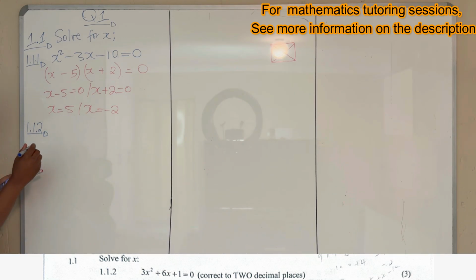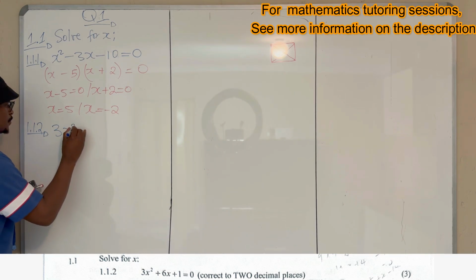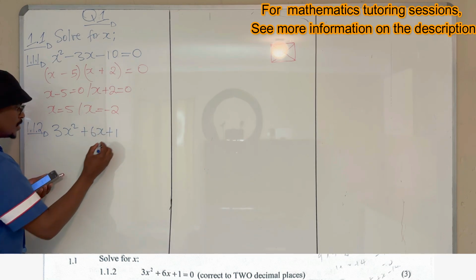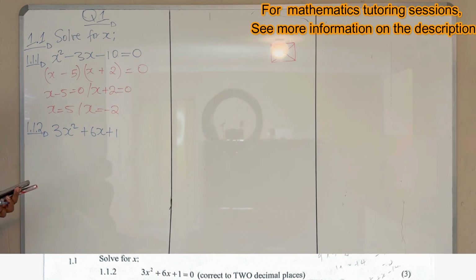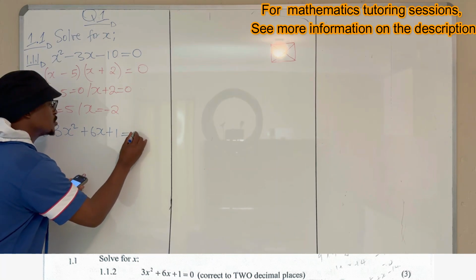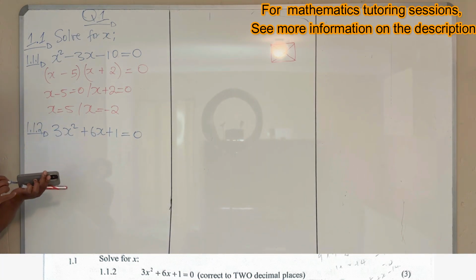And what you have is 3x squared plus 6x plus 1, and there's also a hint or instructions here. So they are saying correct this answer to 2 decimal places, right? So they want you to round the answer to 2 decimal points.